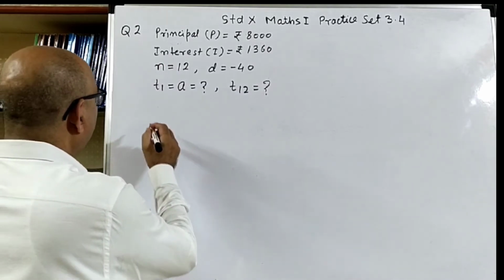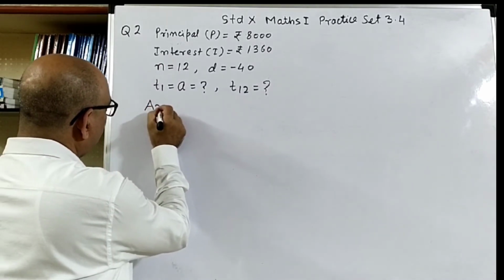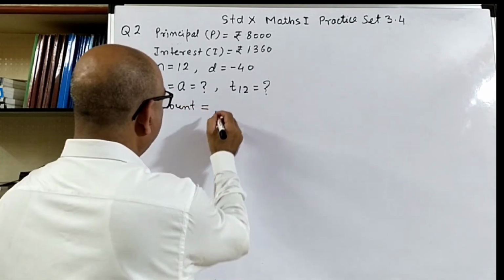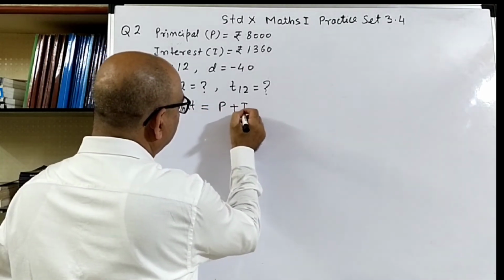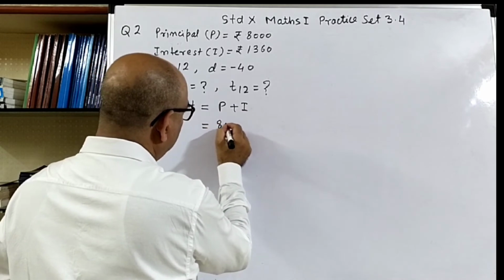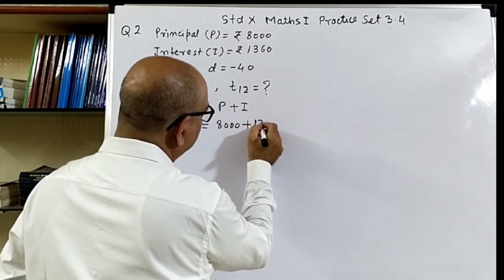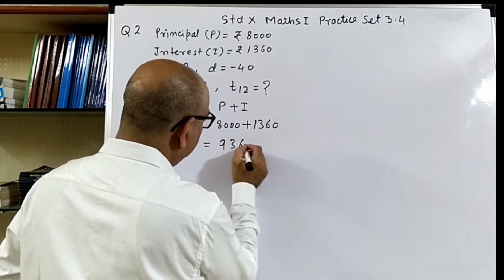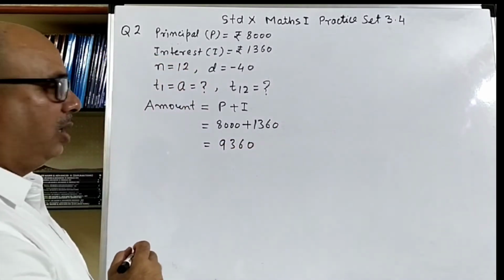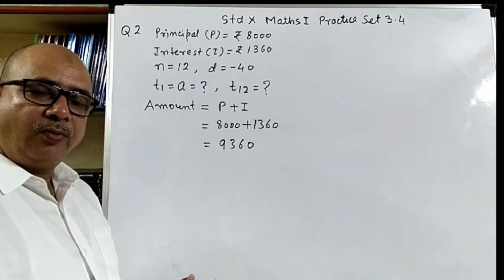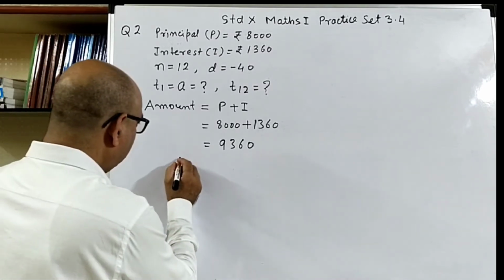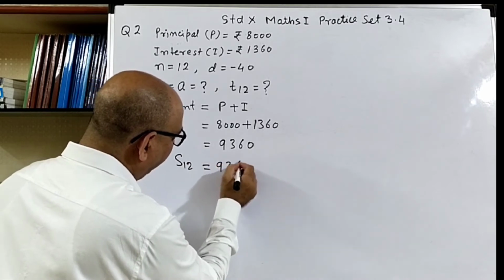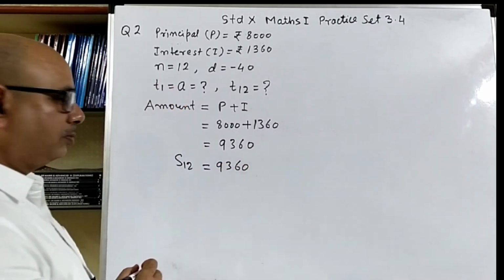The total amount repaid will be equal to the principal plus interest. That means 8,000 plus 1,360, 9,360, and this will be the value of Sn, and n is 12. That means S12 is equal to 9360.